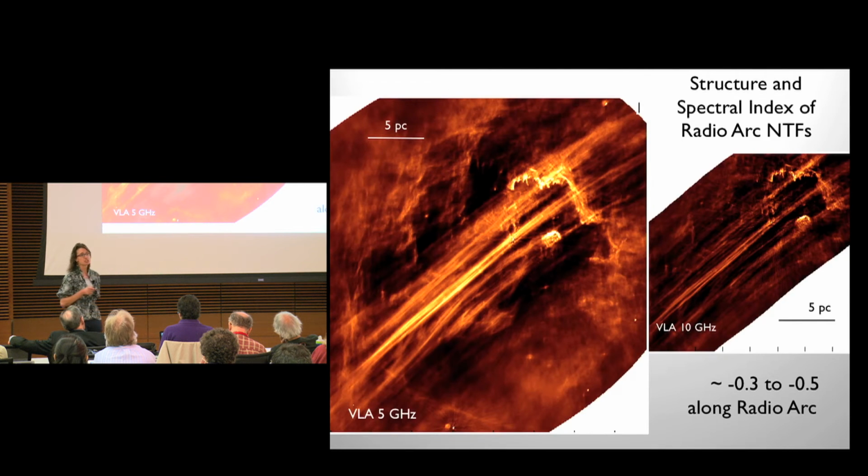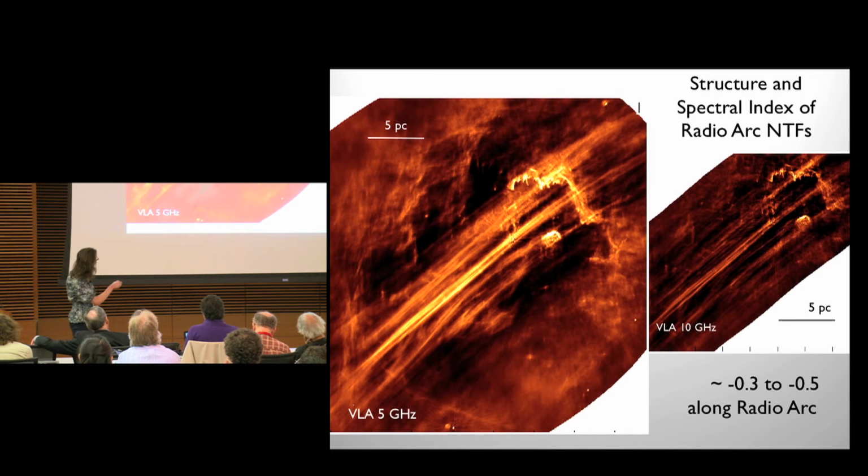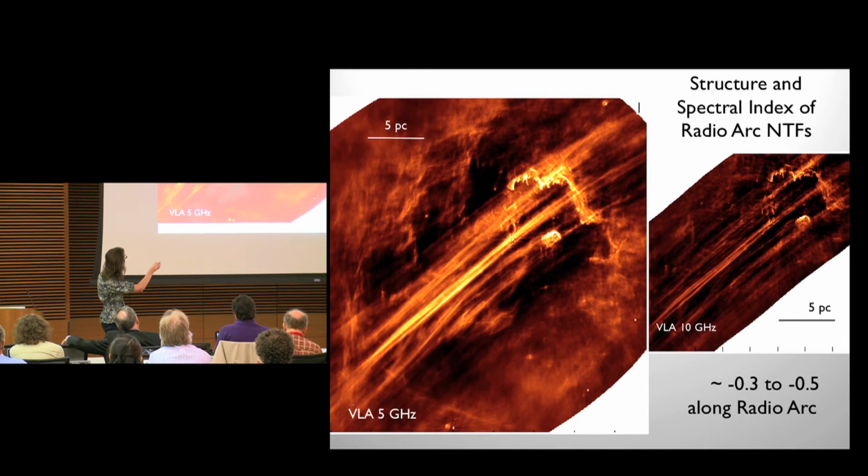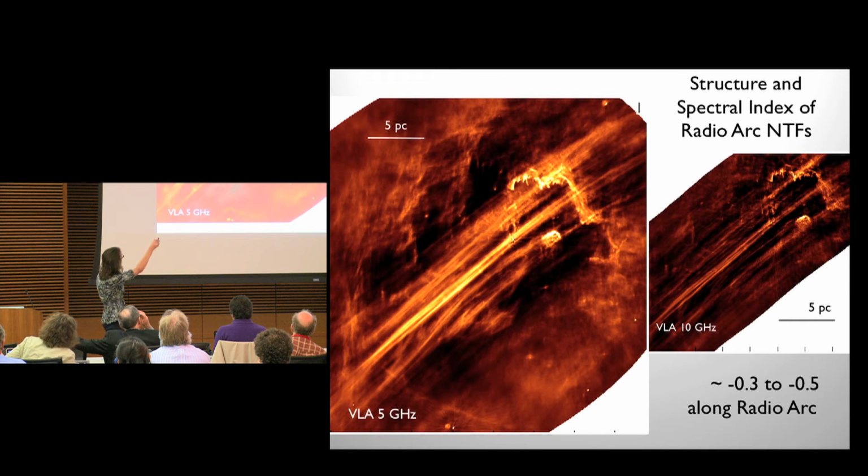We also have images at slightly higher frequencies. So this is 5 gigahertz VLA. And so again, you can see now in more detail some of the striations. You can see that the brightest filaments actually usually resolve into multiple bundles of filaments. You can also see some arc-like filamentary structures that appear to cross over the non-thermal filaments.